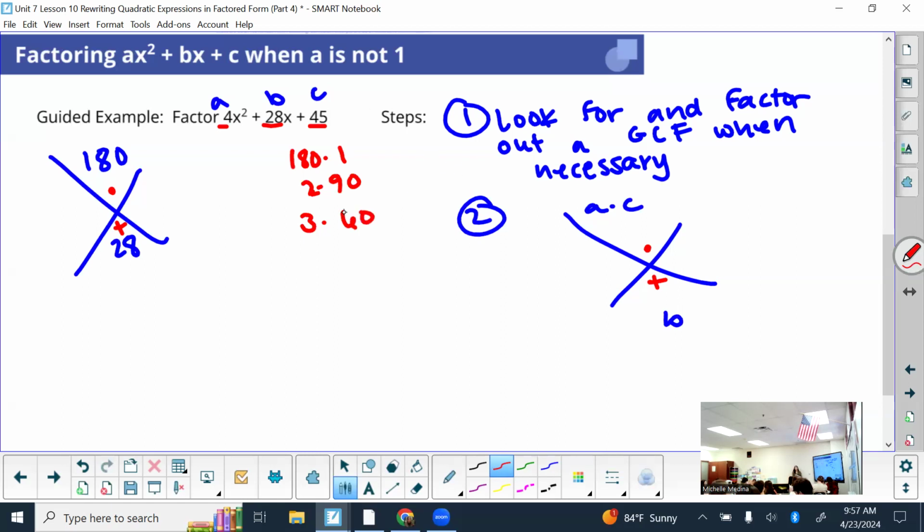If you guys find it before I get to it, I already know what it is, but we're looking for two numbers that multiply to the top and add to the bottom. Going down my list of numbers, hopefully that gets other people to the same place. 4 times 45 does not give me 28 when I add. 5 times something, 180 divided by 5, 5 times 36 will not give me 28.